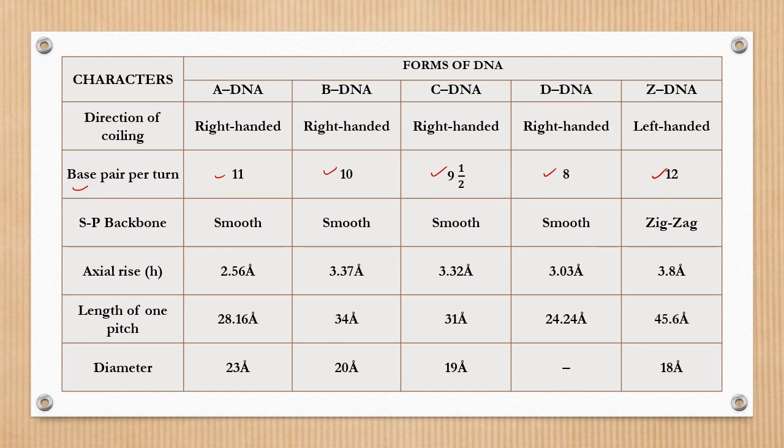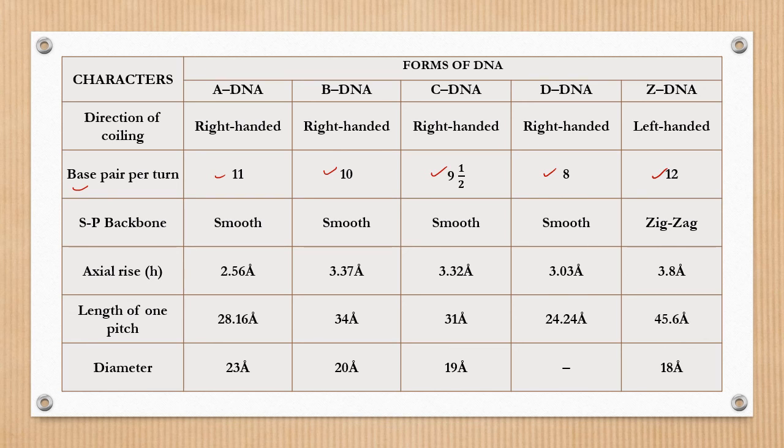Now, axial rise: 2.56 angstrom units in A DNA, 3.37 angstrom units in B DNA, 3.32 in C DNA, 3.03 in D DNA, and 3.8 angstrom units in Z DNA.